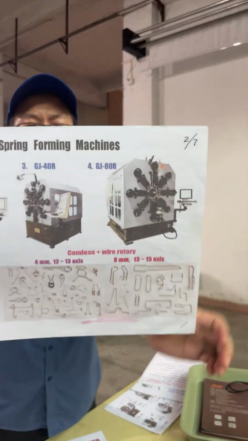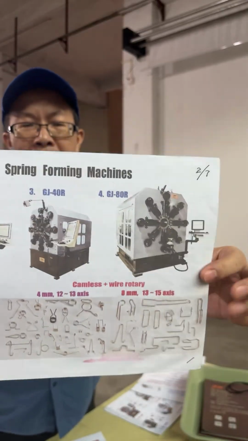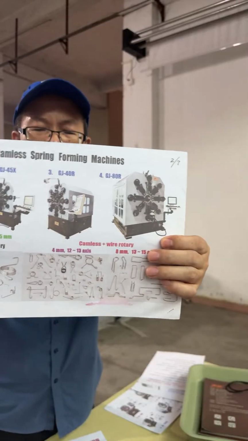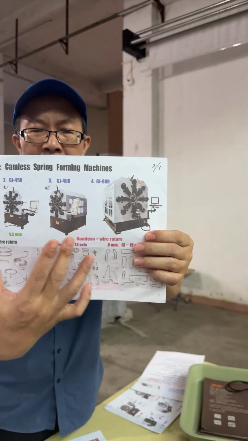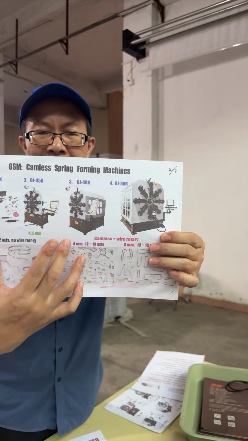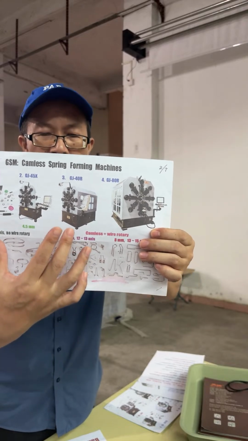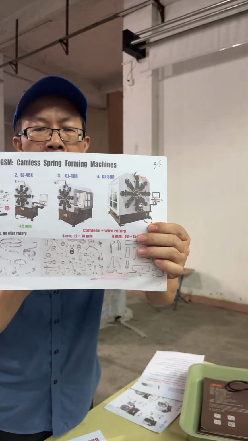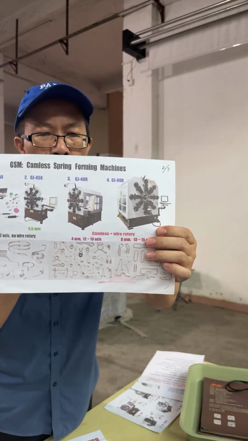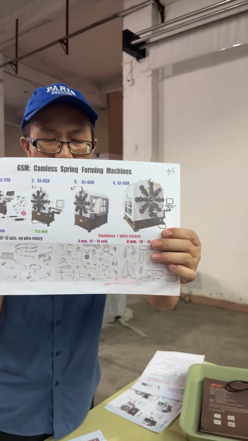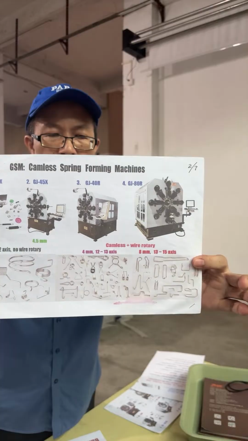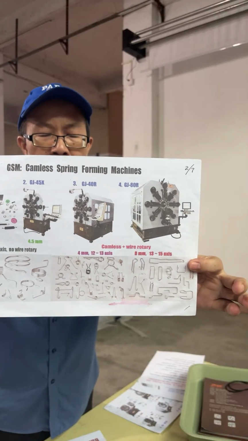Meanwhile, we also have a CNC spring machine. All of them have the ability to set up easily, set up fast, learn fast for the task, mass production of the various types of extension springs. This is the CNC spring machine.